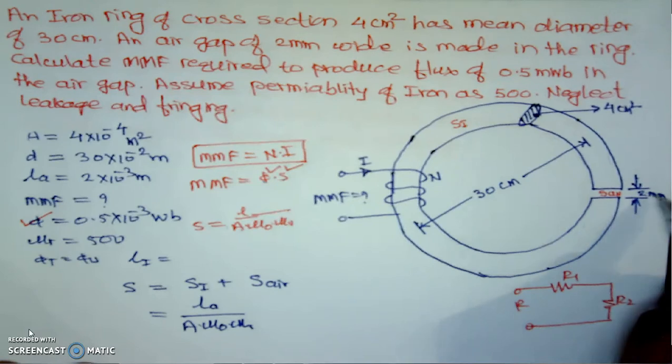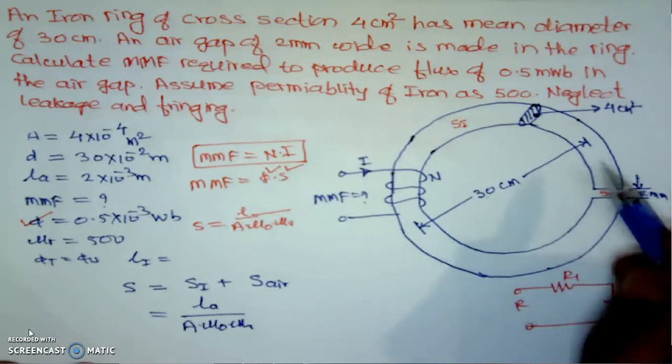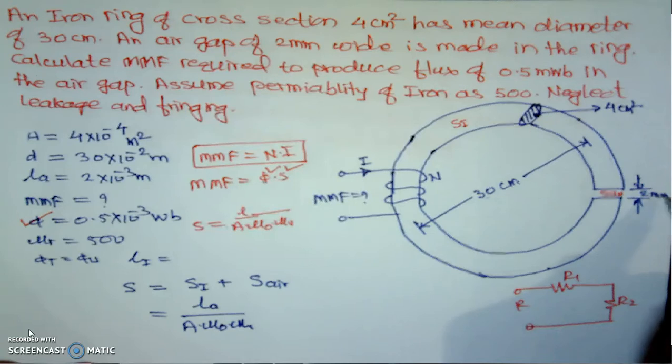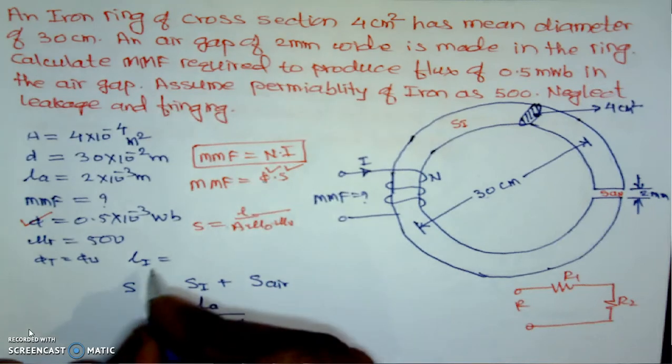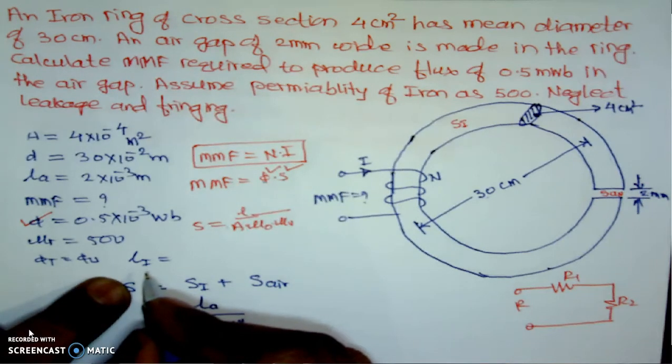In some cases, if this value is quite big in centimeters, we can neglect this 2 millimeter, because reluctance calculation is an approximate value. Now if I am using this formula, the length of the iron path is equal to pi into d.